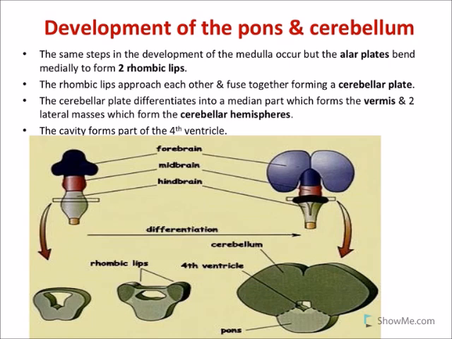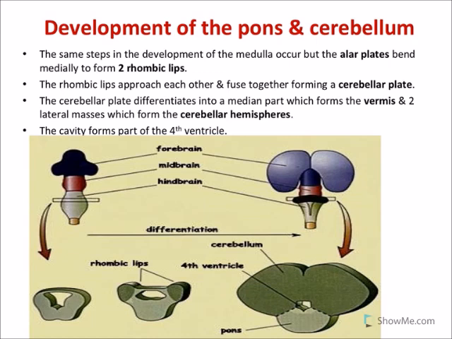This is the development of the pons and cerebellum. The same steps develop as in the spinal cord. First we have to know that the pons and cerebellum are developed from the metencephalon vesicle, which is the secondary vesicle of the rhombencephalon, the proximal part of the rhombencephalon.